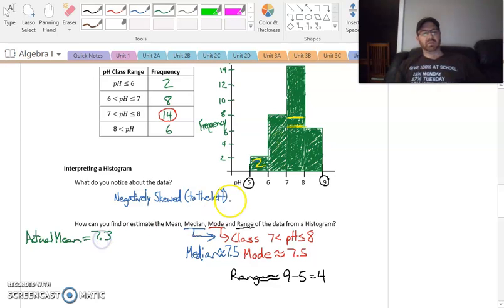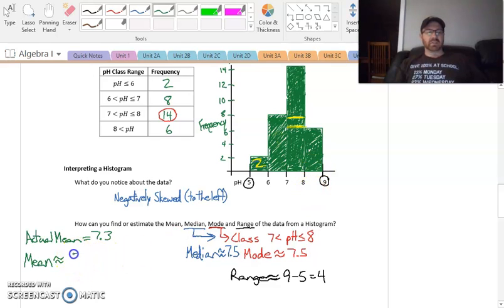But how would we approximate it if we didn't know all the data at the beginning? We just had this. So what we would do is similar to what we did when we had the dot plot. We're going to take the score and multiply it by how many of those we have. The difference in this case, though, is that the scores we're going to use are going to be these half values. So we're going to use 5.5, 6.5, 7.5, and 8.5.